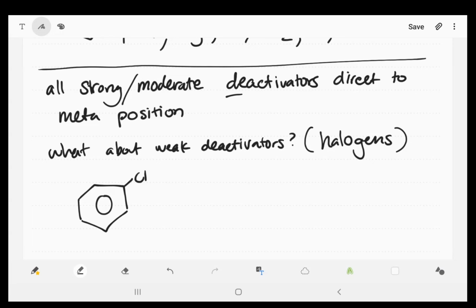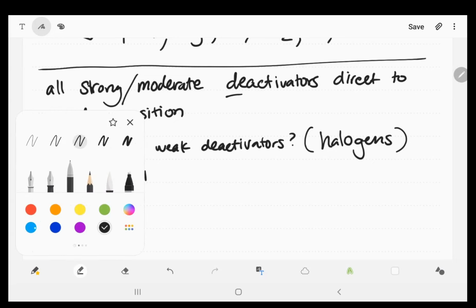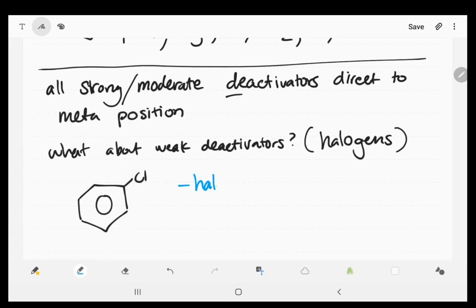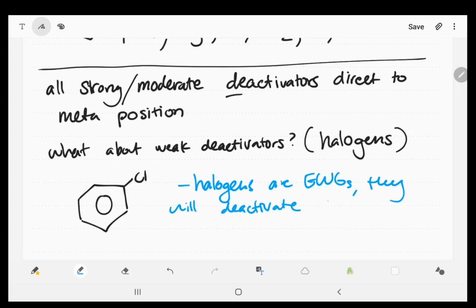So they are electron withdrawing groups, so they do deactivate your ring. So let me put that out first. So halogens are electron withdrawing groups. They will deactivate the benzene. Make it less reactive.